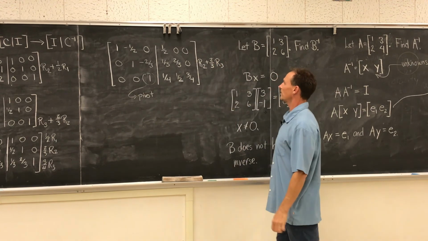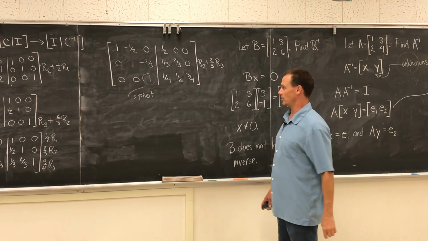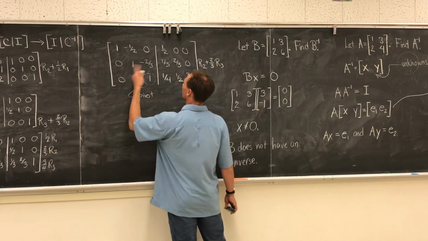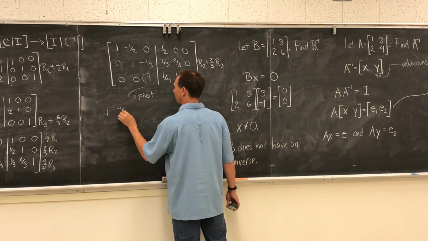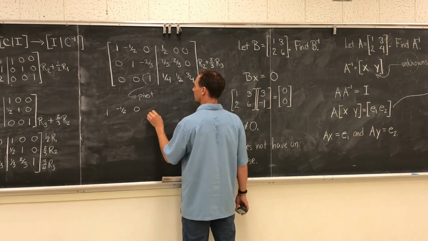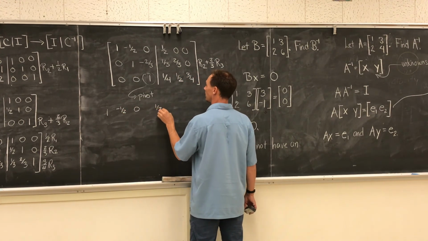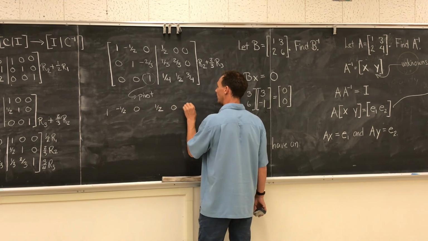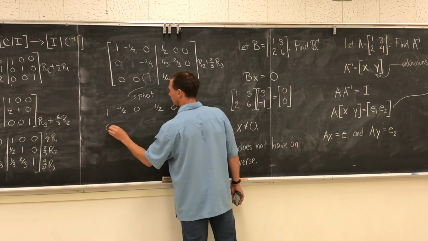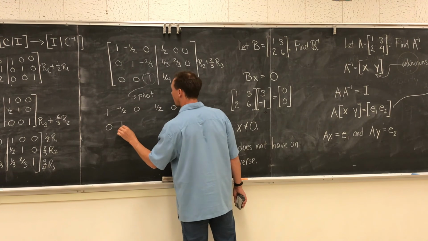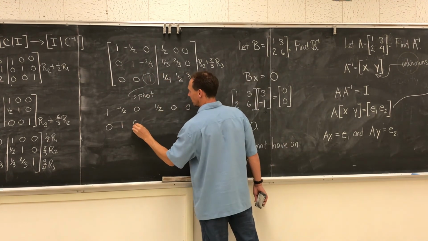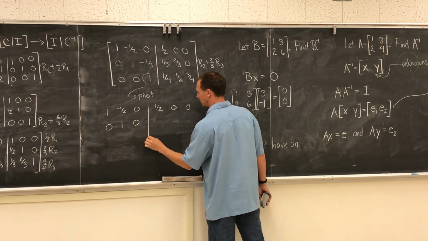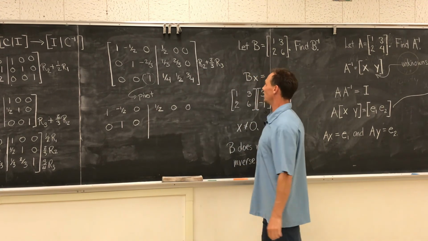Oh goodness, this is going to be Fractionville. So I'm going to rewrite my first row: minus 1/2, 0, 1/2, 0, 0, 0, 1. Now, minus 2/3 plus 2/3, that's 0. That's by design.